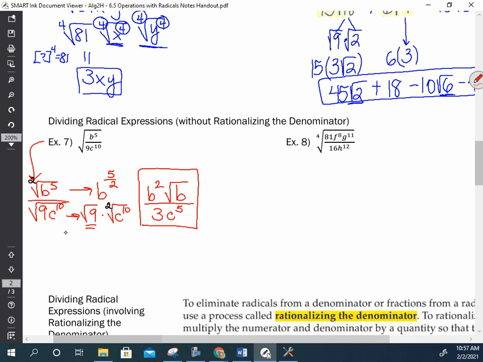Yes, go ahead. Yes, since you divided by even, and that was odd, the absolute value notation would still go around c to the 5th. Now, to be completely frank with you, the book problems are going to show the absolute value.